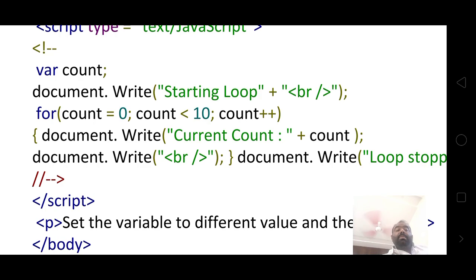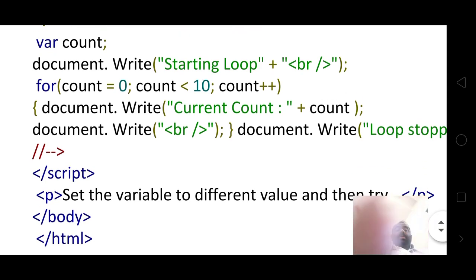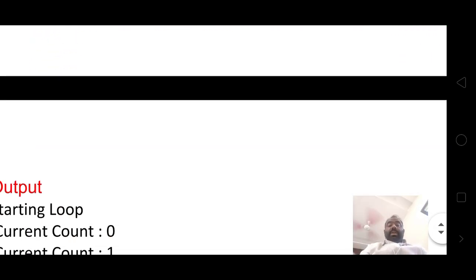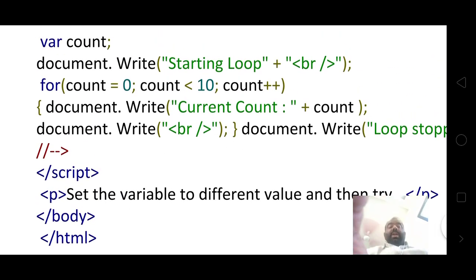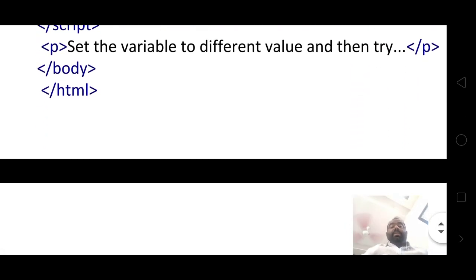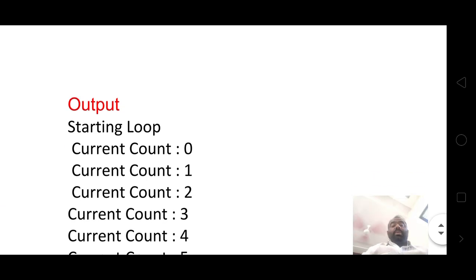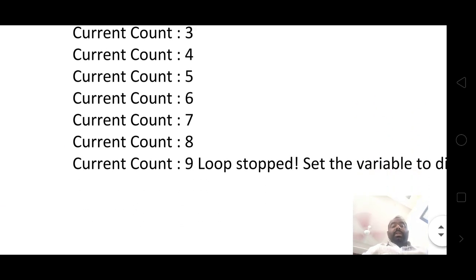Then count is equal to 1, then count is equal to 2, count is equal to 3, and so on up to count is equal to 9. When count is equal to 10, the loop automatically exits or stops. Then you will get the output like this, and the loop is stopped.